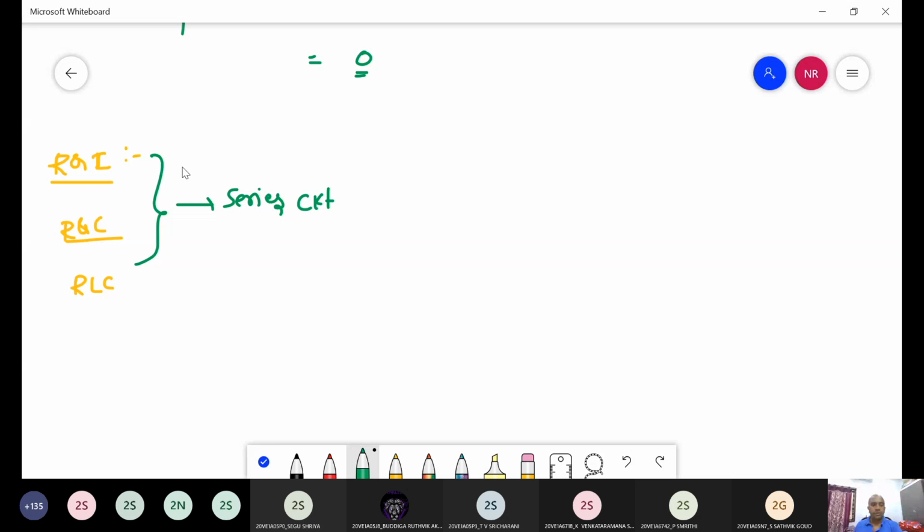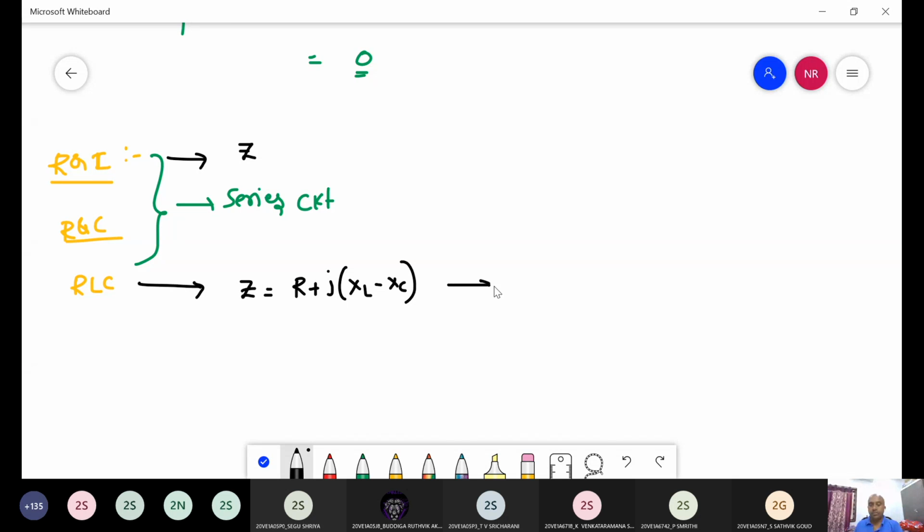So in a series RLC circuit, Z is equal to what? R plus j (XL minus XC).